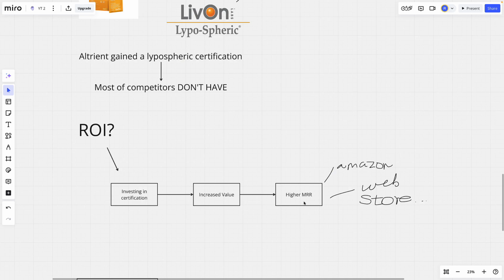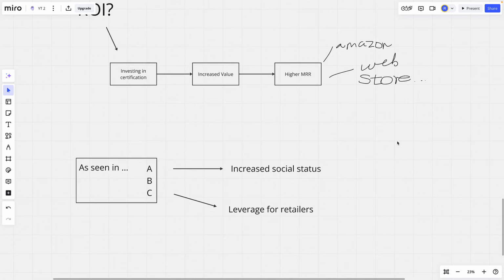And with that, you get a higher monthly recurring revenue, whether that be through Amazon, your web store, whatever it may be. Because when you have this bit of authority with the unique facet of your product, you're going to draw more attention to you rather than other brands, which is going to drive more traffic to your site. So it's kind of a recurring mechanism.